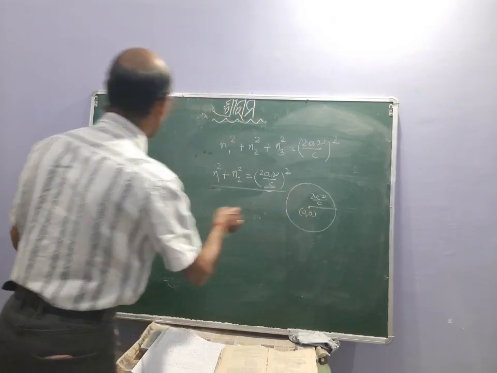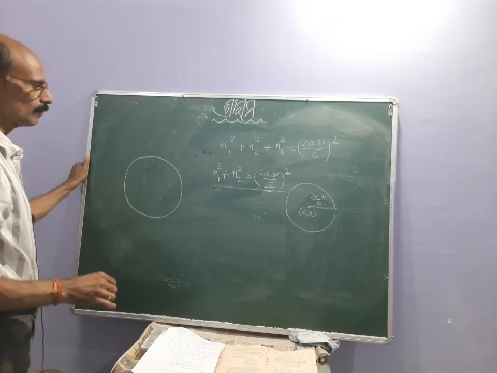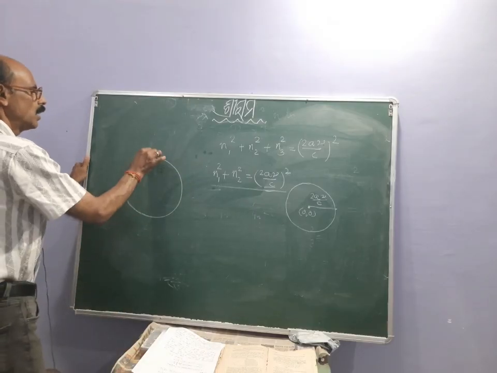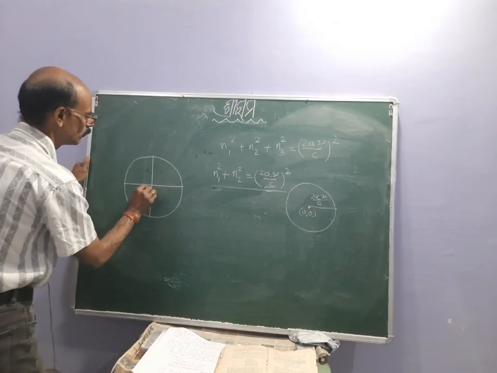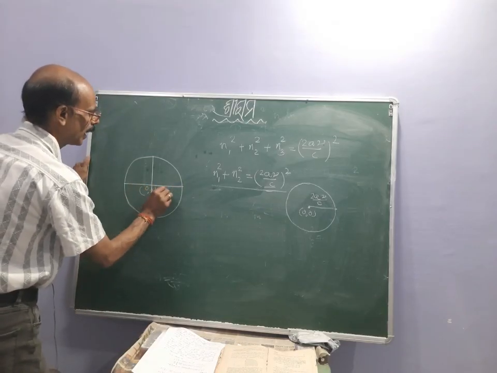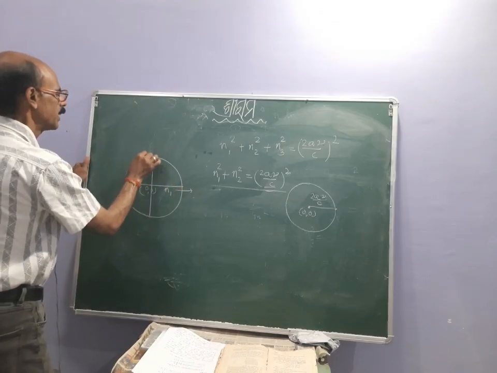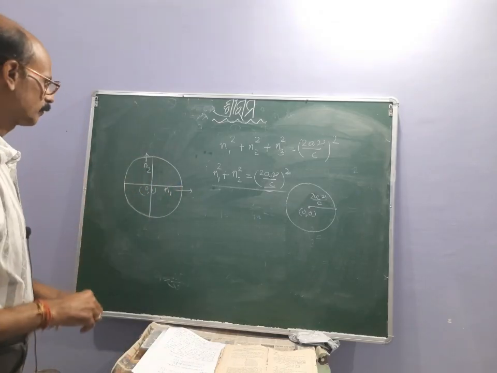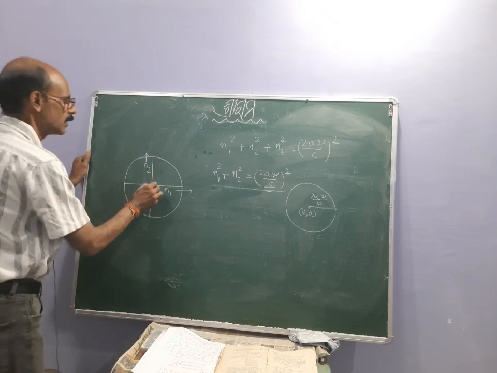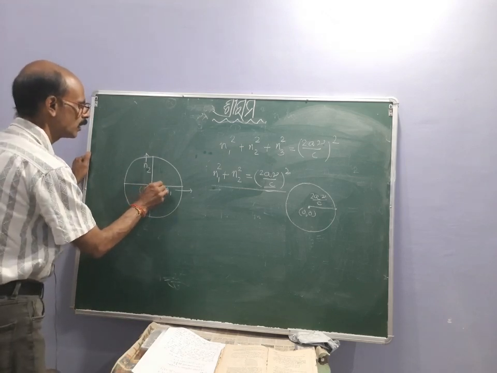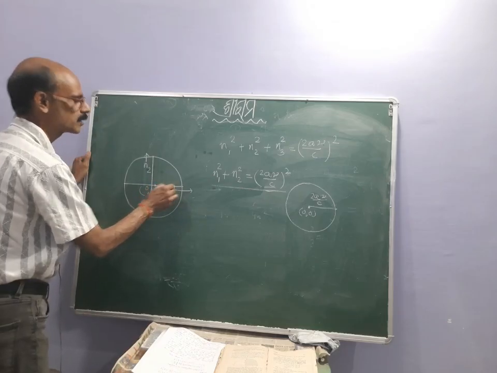So in this circle, if we draw n1 along this and take n2 along this and plot a graph, suppose this is 1, 2, 3, 4, 5, 6.